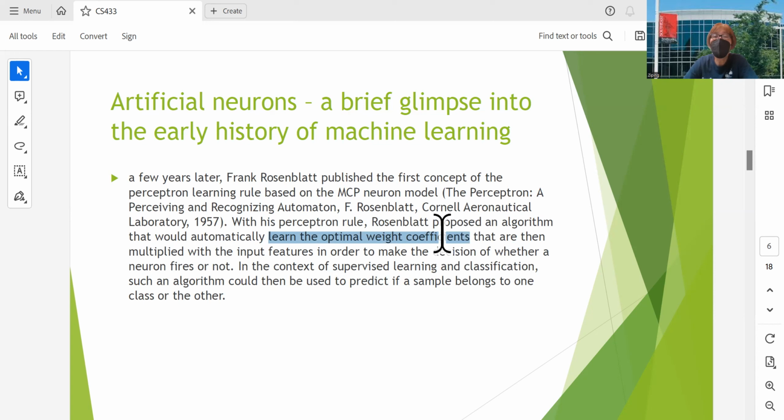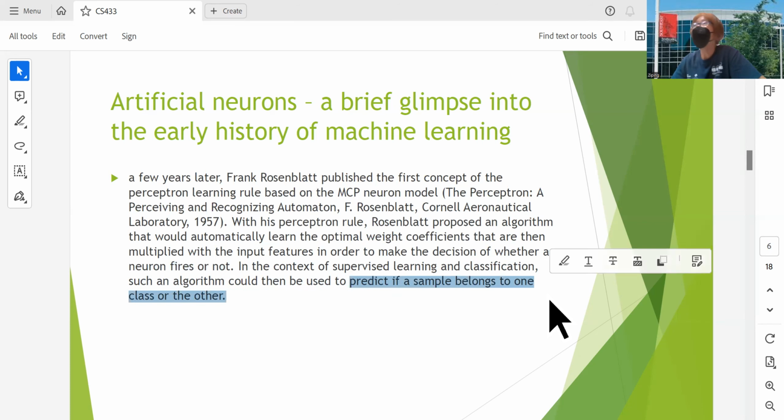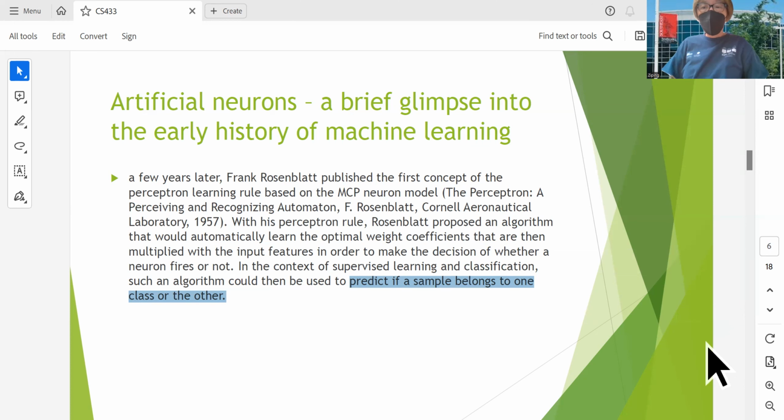The weight coefficients are multiplied with the input features to decide whether the neuron will fire or not. After you train the model, you can use it to predict whether a sample belongs to a class or not. So this is the idea, okay?